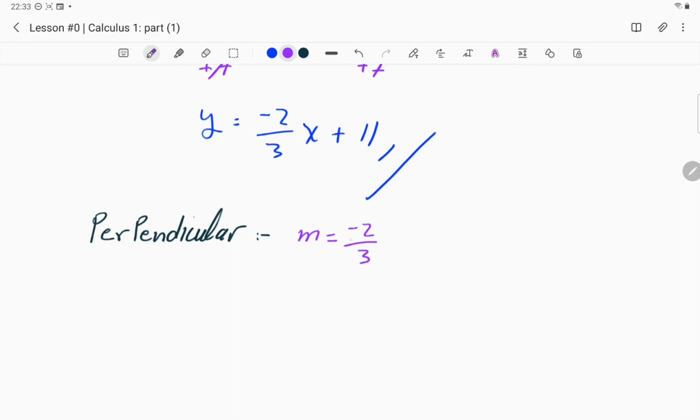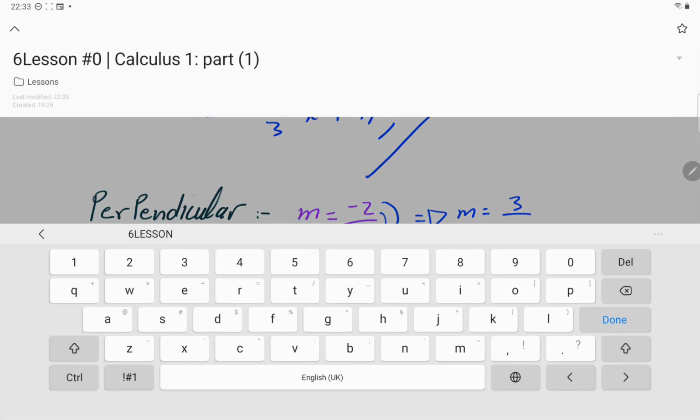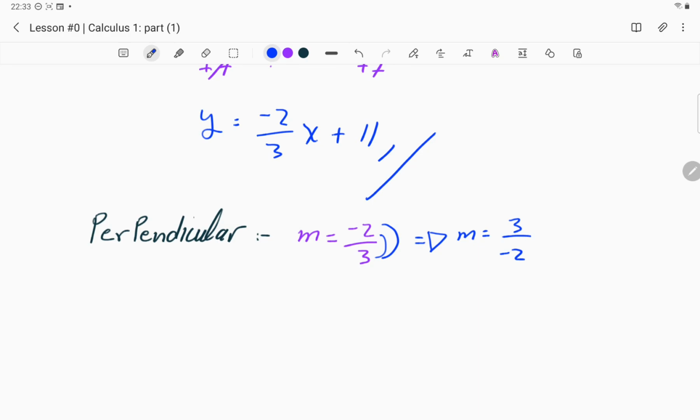The first step is that you got to flip the denominator and the numerator, so m equals 3 over negative 2. The second step is removing any negative sign. Here's the negative 2, you remove that.